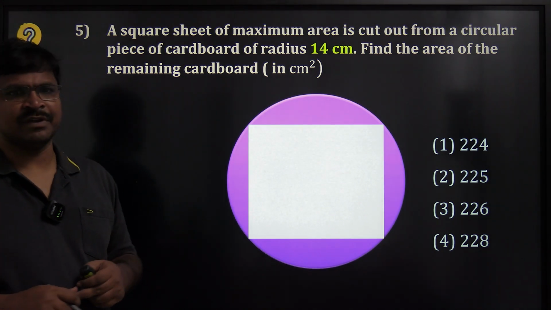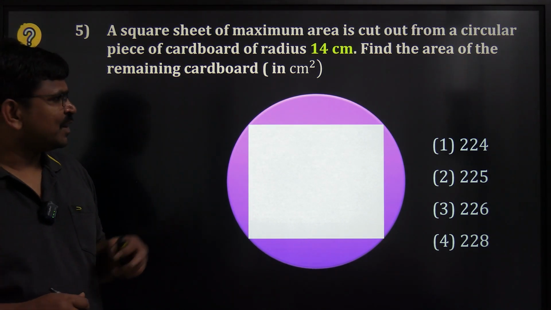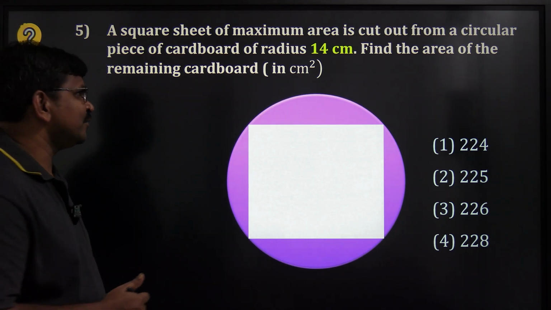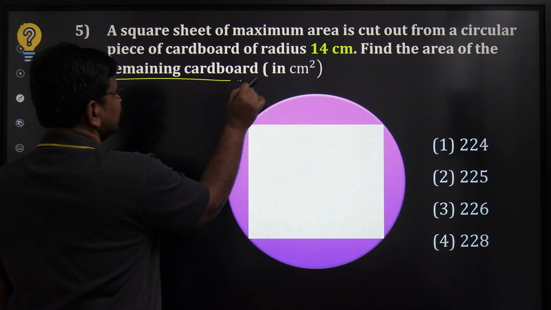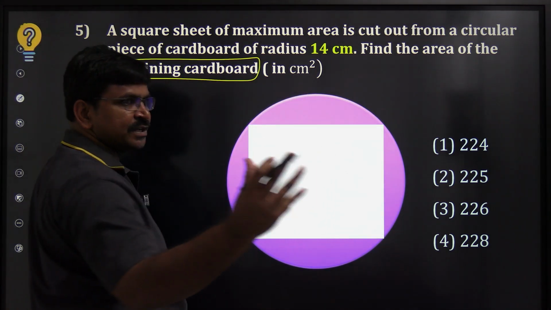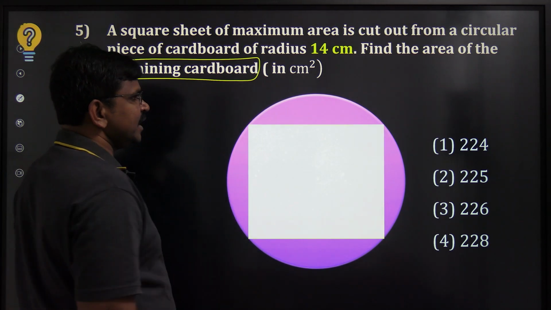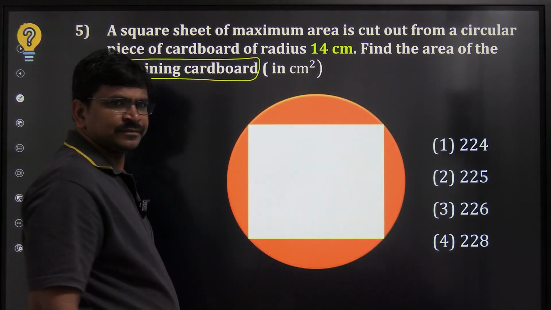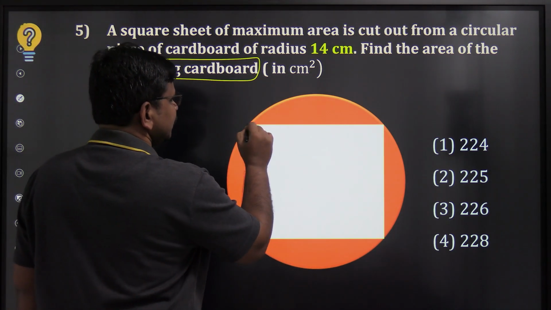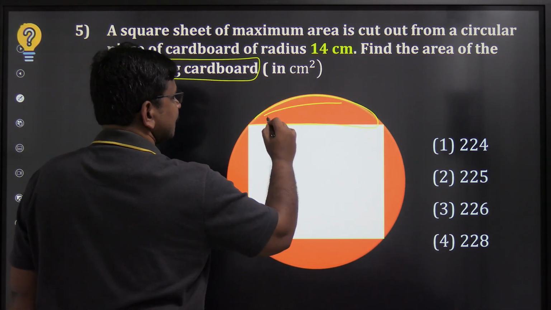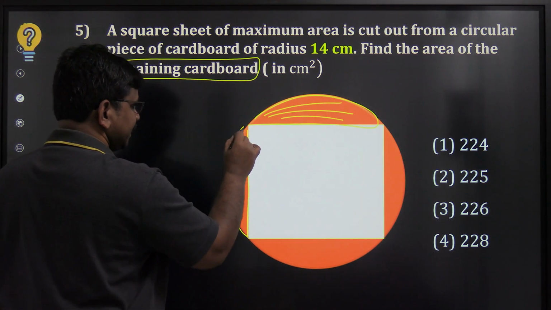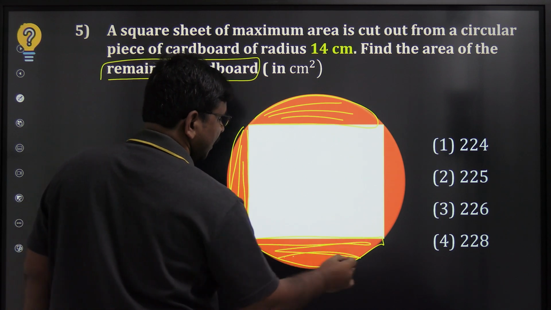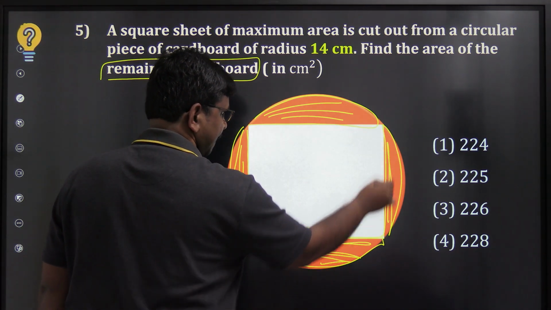And after cutting out the square sheet, what is the leftover space? That is the question here. Find the area of the remaining cardboard. After taking this square sheet out, the remaining area is this one, and this, and this, and this is the remaining area.